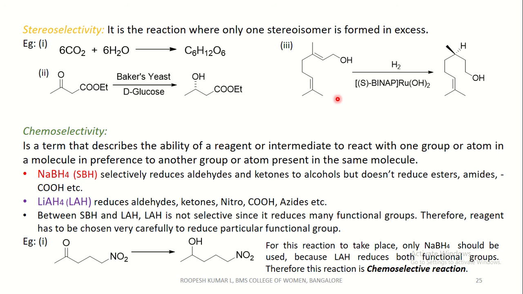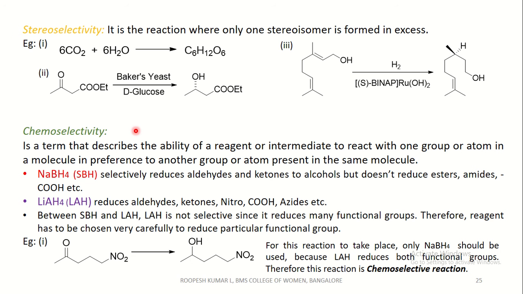Whereas this geraniol on reduction using this S-BINAP ruthenium catalyst, we get the corresponding reduced product. That is, it exclusively reduces this double bond and not this double bond.